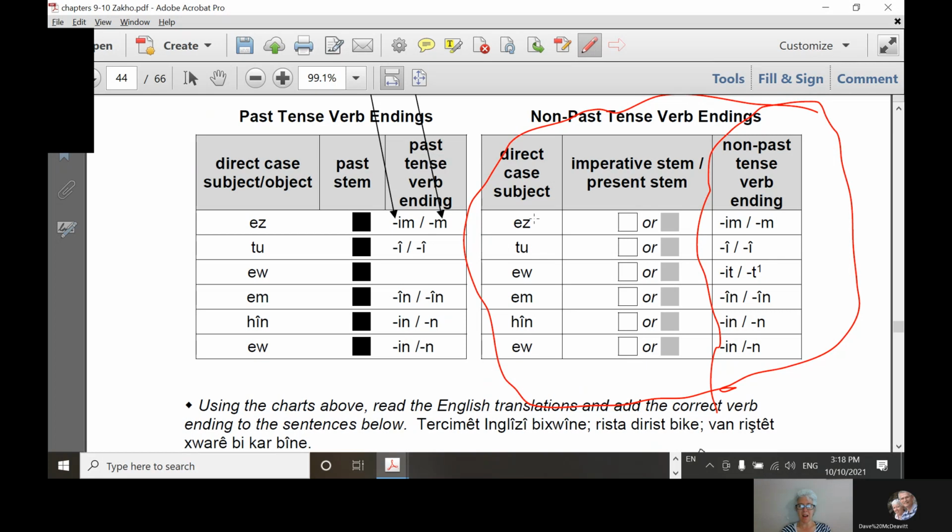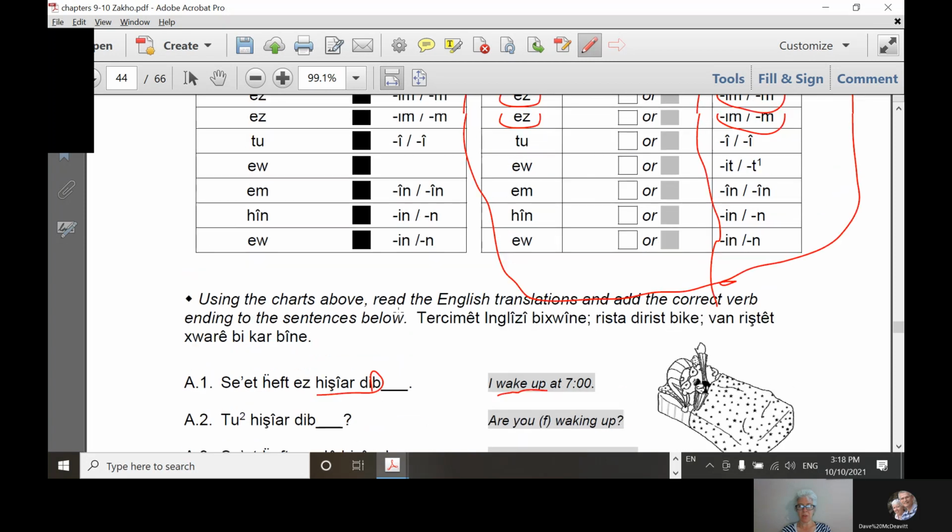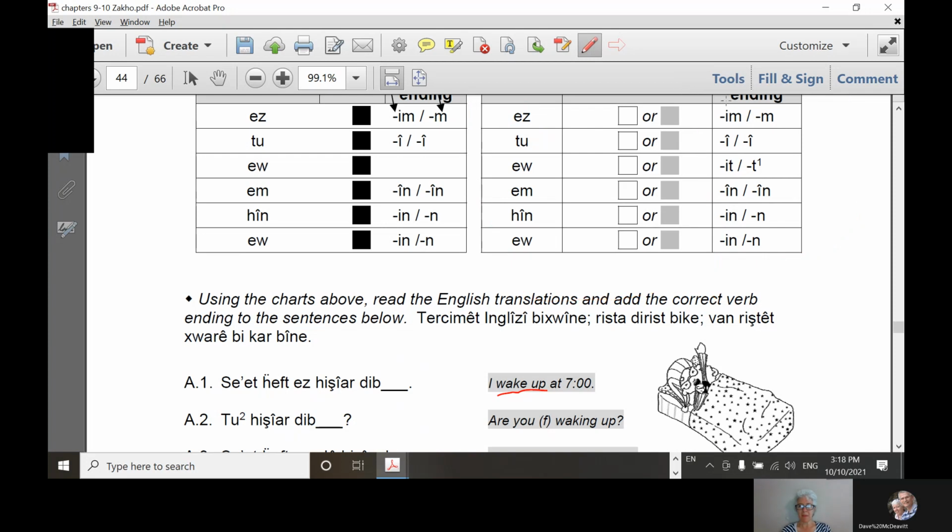And since it's I, it's going to agree with your subject. So it's either or. And because the verb stem ends in a b, we're going to choose so that we have a vowel.